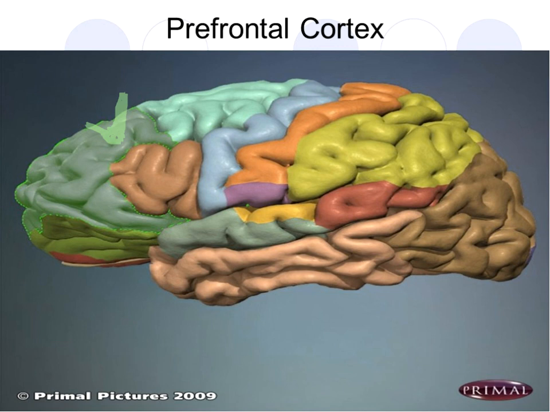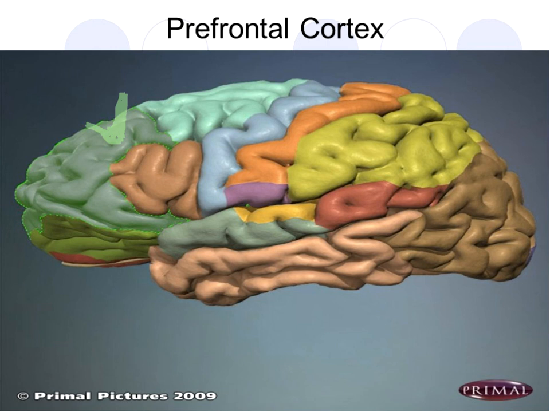Now I want you to look at page 41 in your textbook, and just look at the frontal lobe area. Let me know when you have page 41, because I want to point out what I want you to find on it. Okay. All right.